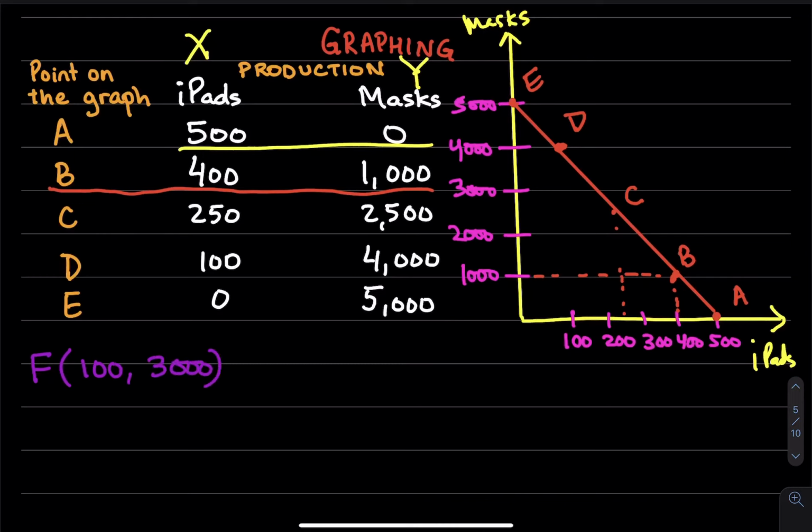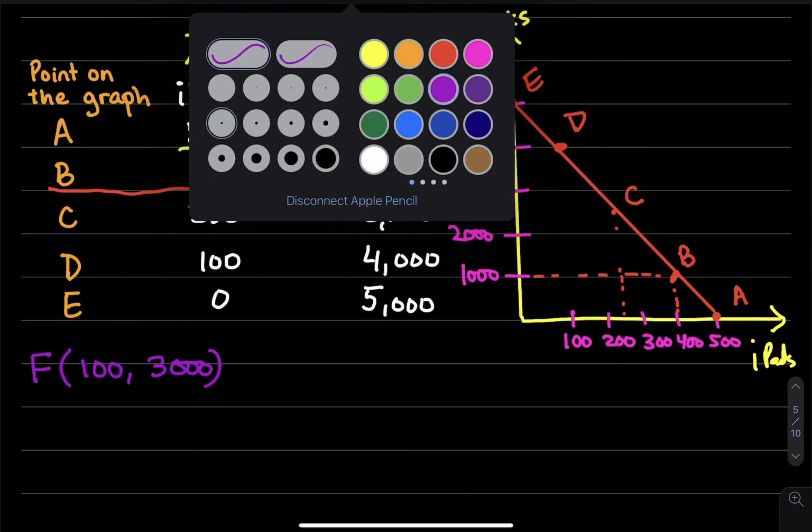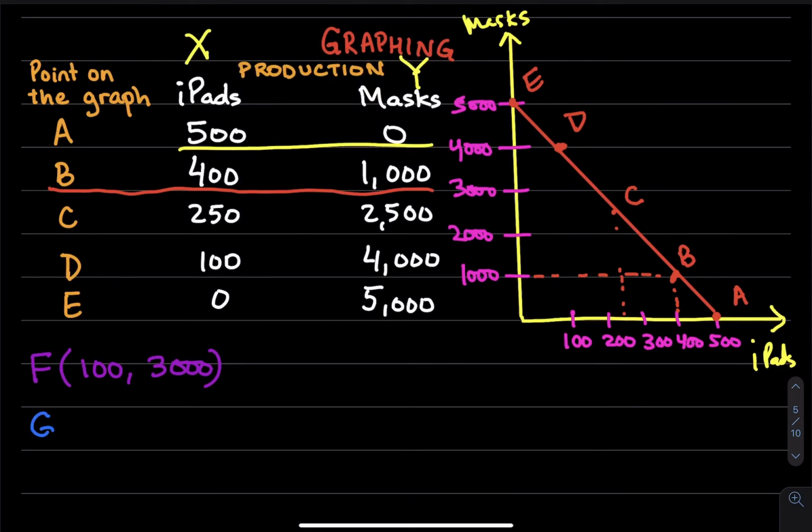So 100 iPads, 3000 masks. And let's mark this with a different color a point like G, which is 300 iPads and 3500 masks. I want you to pause the video right now and make these points.